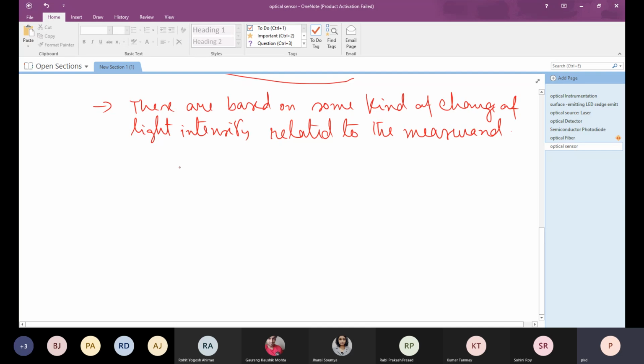It could be due to absorption, it could be due to some reflection, or it could be some generated pattern, complete obstruction.